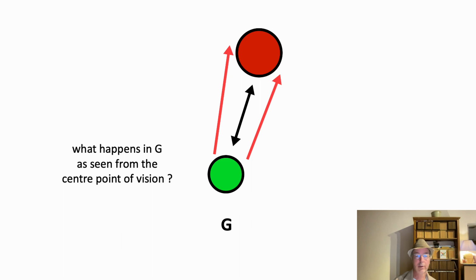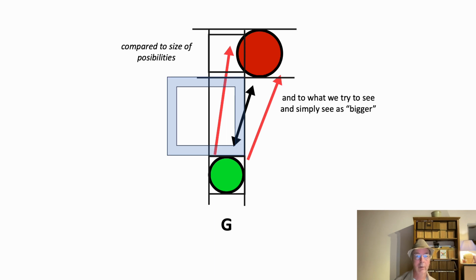And now I will also explain, just at the side of this event, what really happens in the G as we can see it from our center point of vision where we started from. So again, I have the measurements. Here I try to look at it, and we always see it as something bigger.